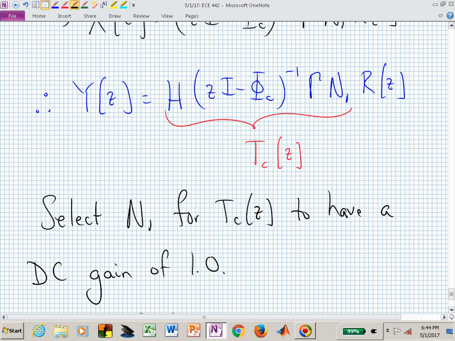Or if we replace this scalar z with 1, we'll just have the identity matrix, and we'll subtract from that identity matrix the closed loop system matrix, phi sub c, form that inverse, and now pre and post multiply that by H and gamma. n sub 1 is the only unknown we have in this equation. We're trying to solve for that.